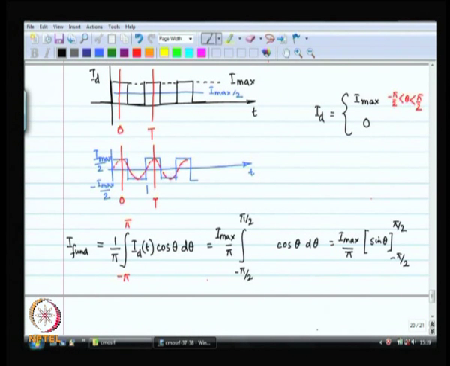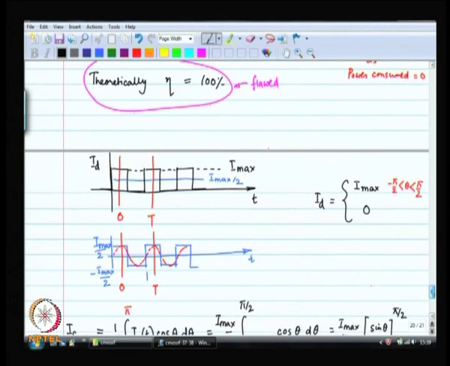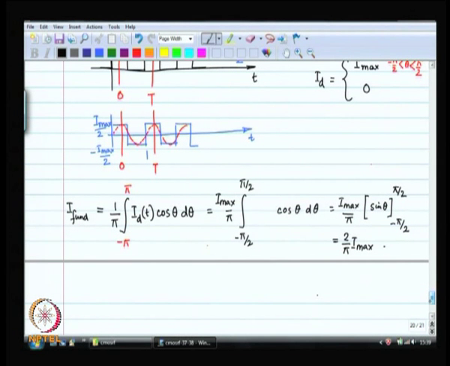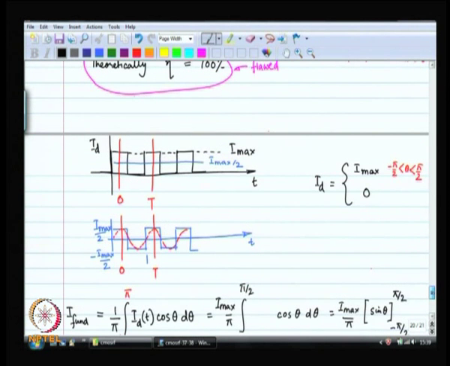So, I have got plus 1 minus minus 1, so that is equal to 2. So, the fundamental component is really 2 by pi times I max, right. So, that is why I did not put I max by 2 over here, it is not right, it is 2 by pi times I max.